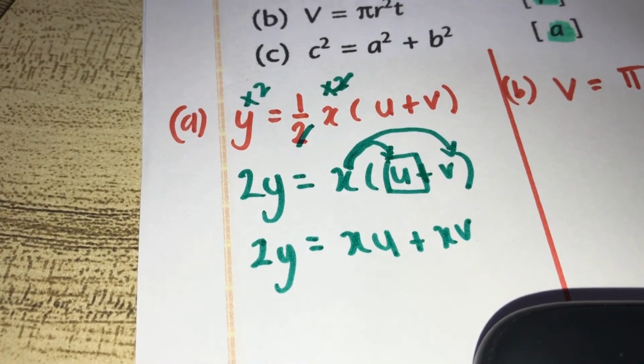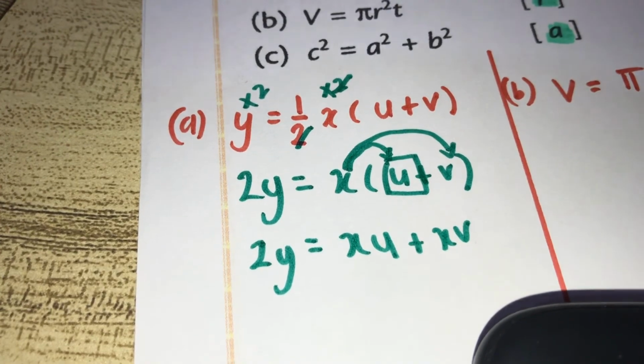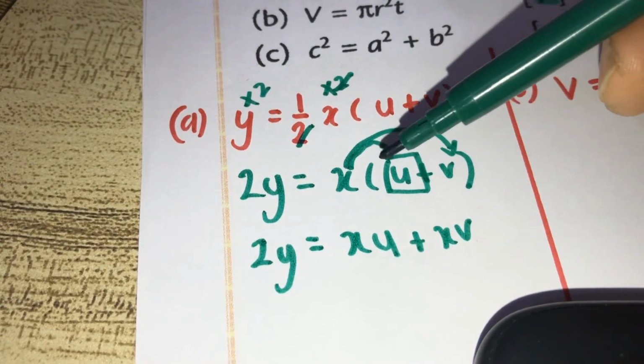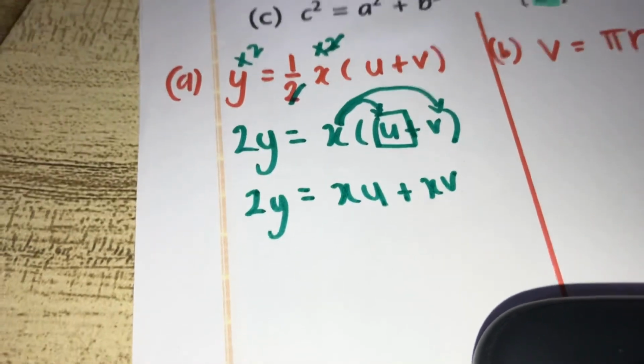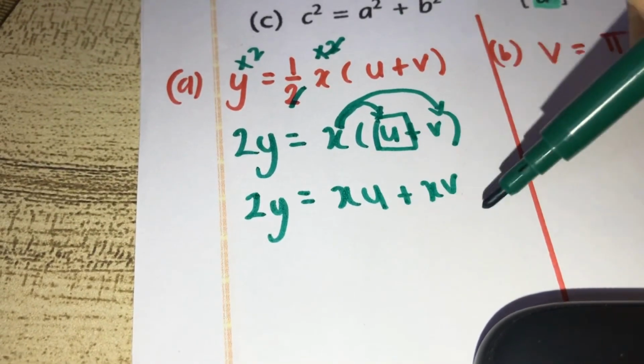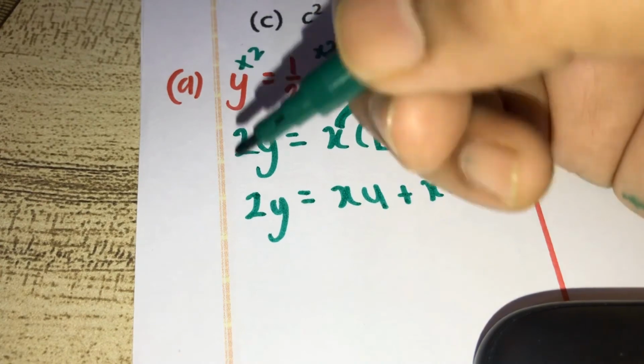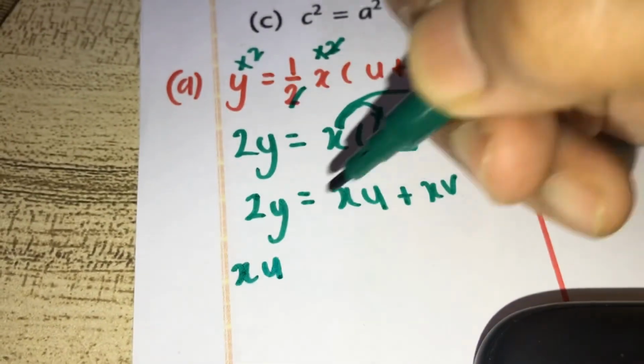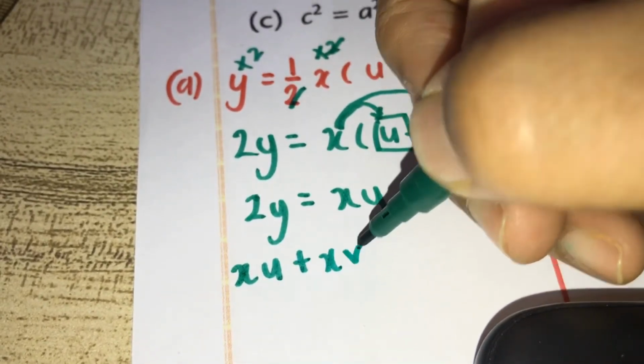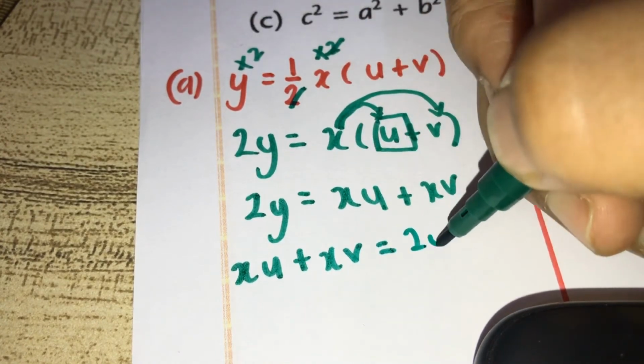Now because the question wants u as the subject formula, the subject must be at the left side. So you change place, you can write xu plus xv equal to 2y. Like that.